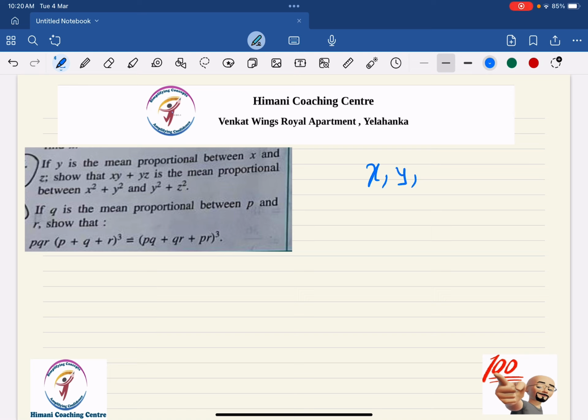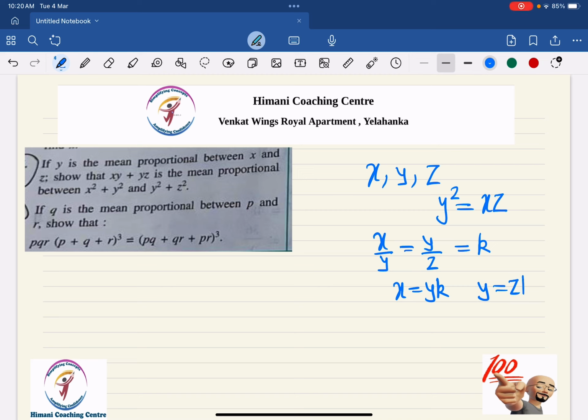So we will write this as x, y, z. If y is the mean proportional, it means y square equals x times z. It also means that x upon y equals y upon z, which will eventually give us y square equals xz. And if I put this as equal to k, then I can say x equals y times k, y equals z times k.